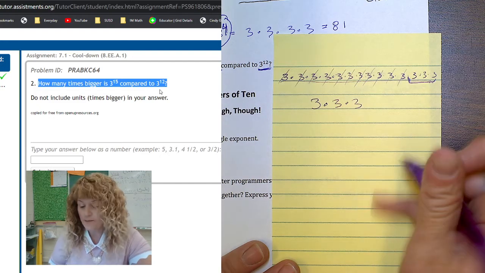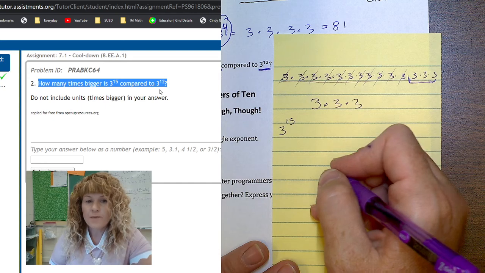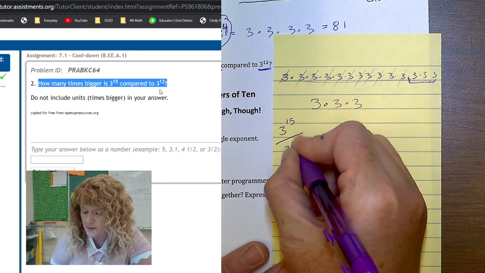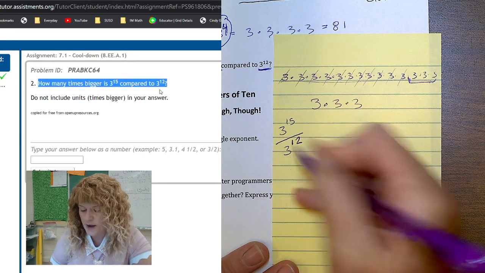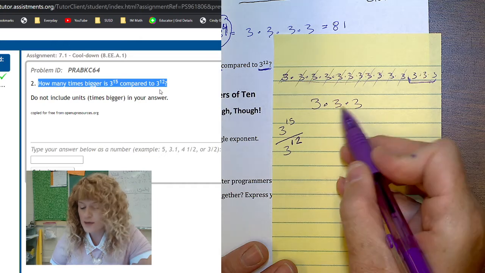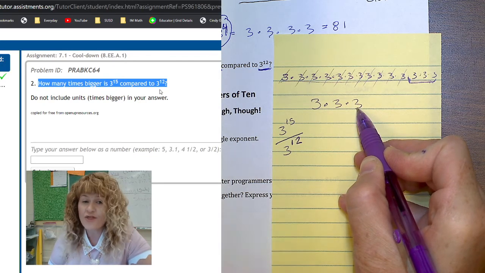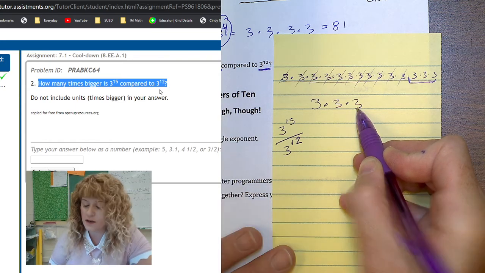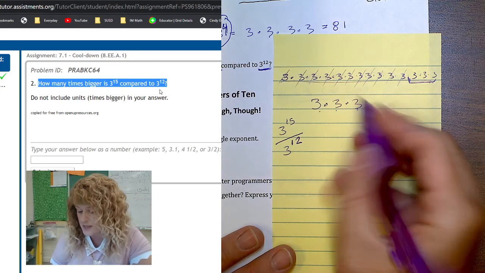Let me say that again. 3 to the power of 15 compared to, and I'm going to draw this ratio here to show you that I'm comparing them, compared to 3 to the 12th power, it is 3 times 3 times 3 times bigger. It's not 3 times bigger. It's 27 times bigger because 3 times 3 is 9 times 3 is 27.